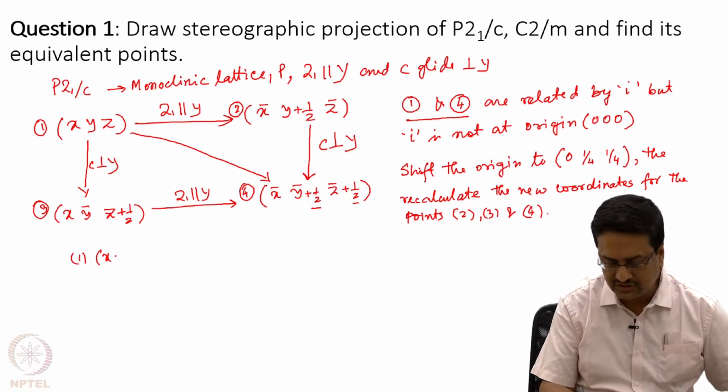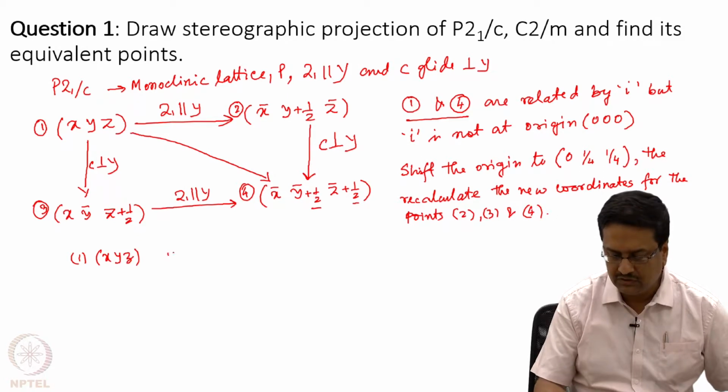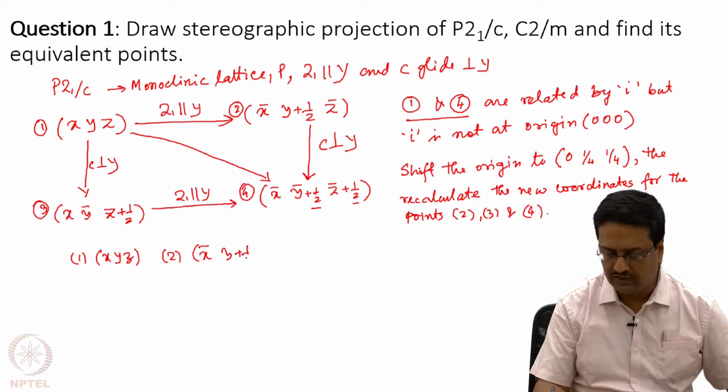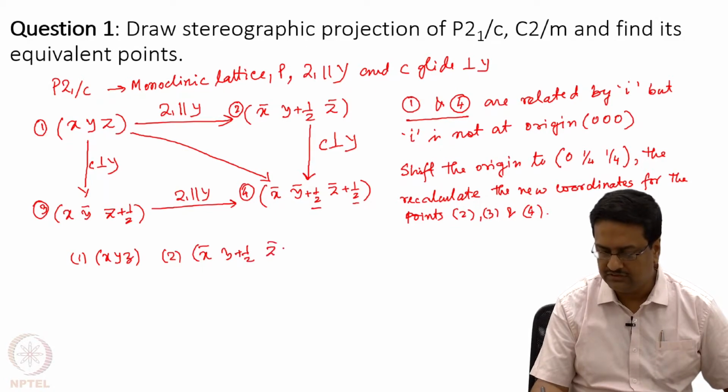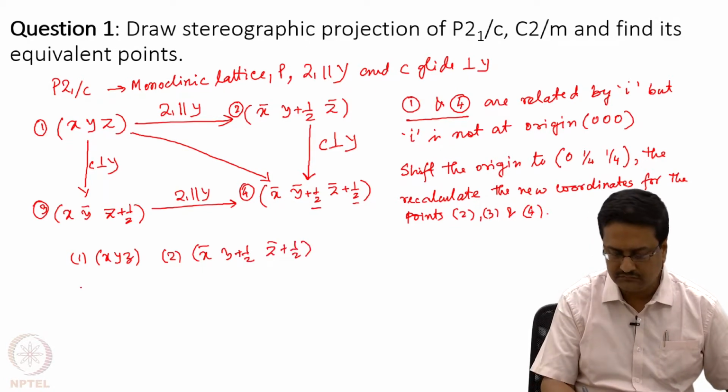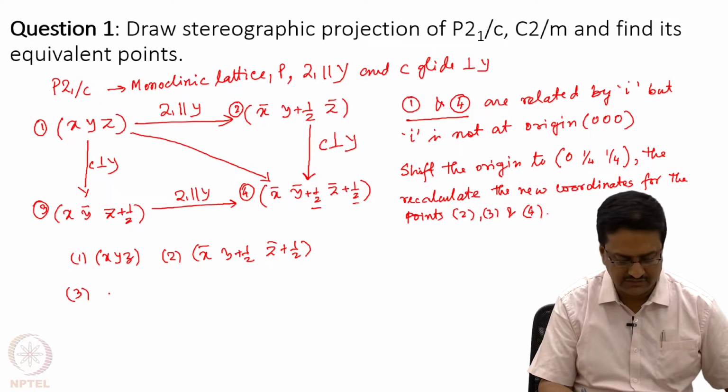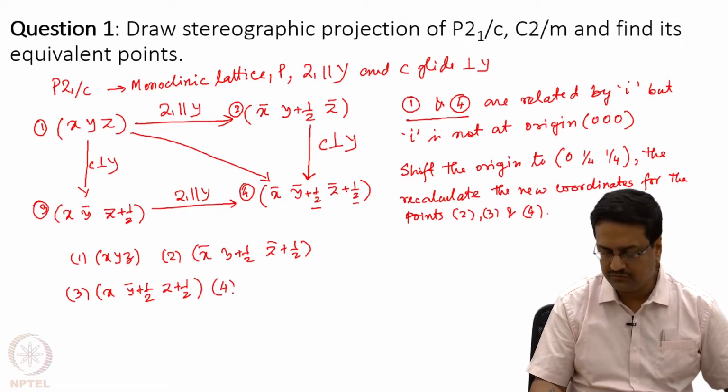The first point is always x, y, z. Point number 2 is x bar, y plus half, z bar plus half. Point number 3 is x, y bar plus half, z plus half, and the fourth point is x bar, y bar, z bar.